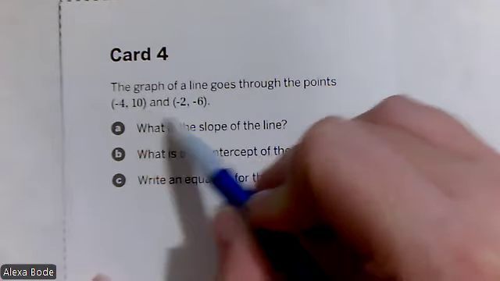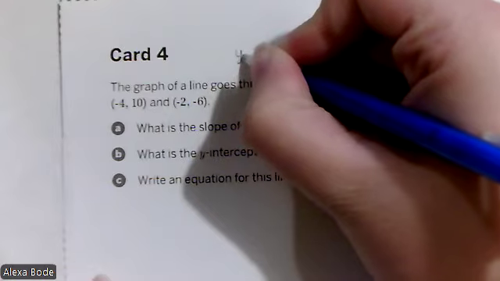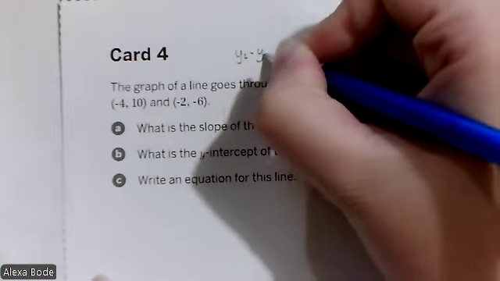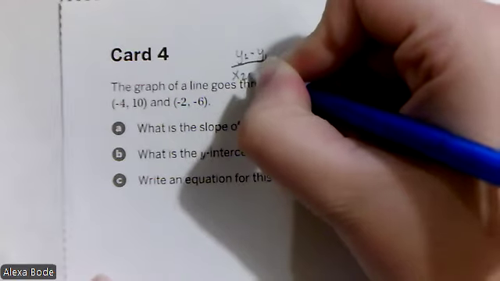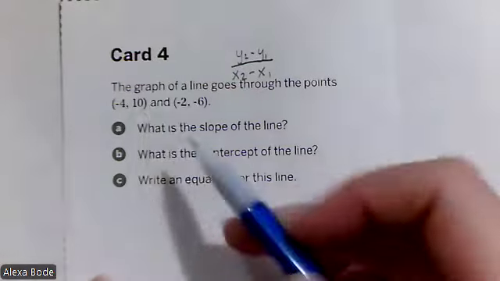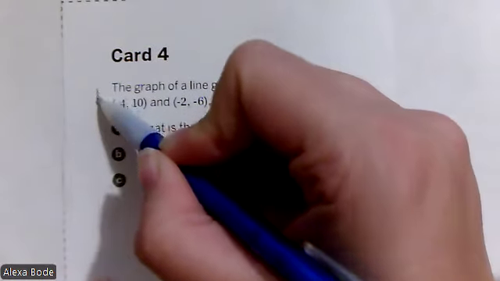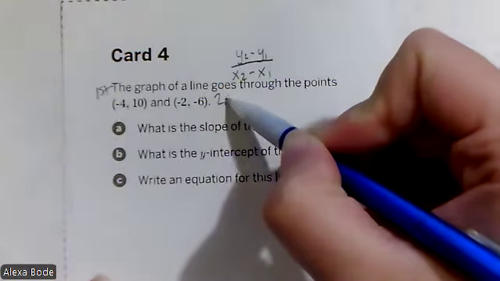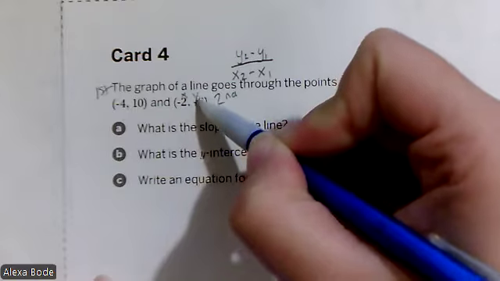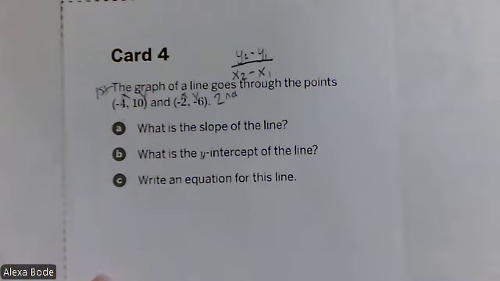So we know our slope formula is y2 minus y1 over x2 minus x1. So to do that with these 2 points, remember this is my first point, this is my second point, and then x and y.